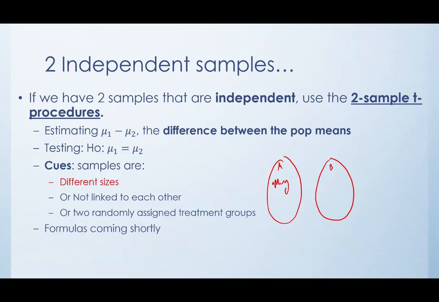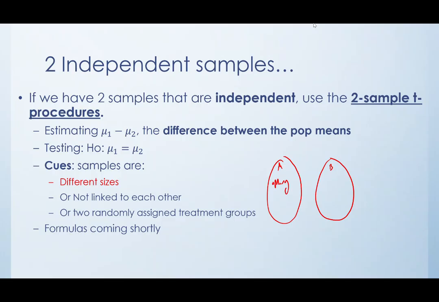If they're independent, then that means she doesn't have any real connection to anybody in the other group, right? They're completely independent. So there's a lack of any sort of link between people or subjects in the two groups. There's two randomly assigned treatment groups, things like that.